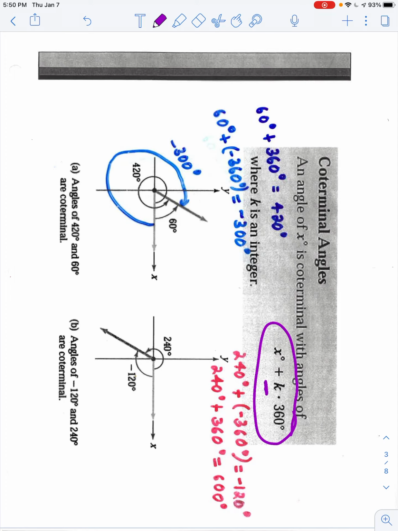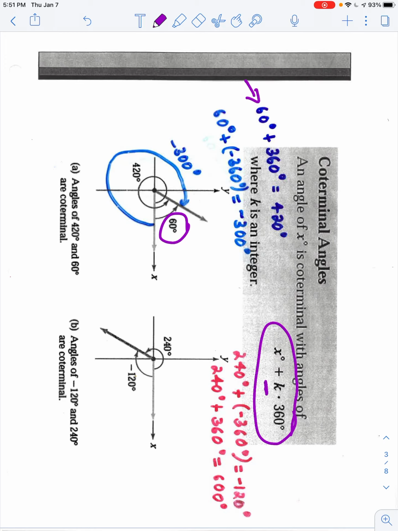So when I look here at an angle of 60 degrees that they have drawn, when I add 360 up here, I get 420. And a 420 degree angle would be a full revolution plus 60 degrees more. So its initial side and terminal side are also the same as the 60 degree angle.